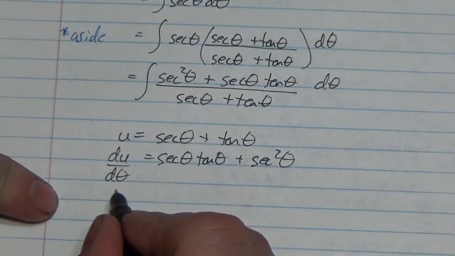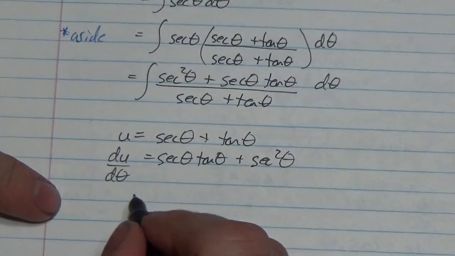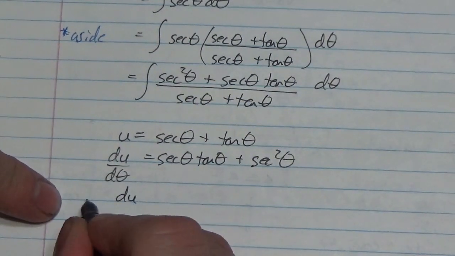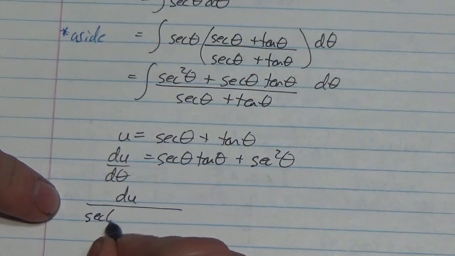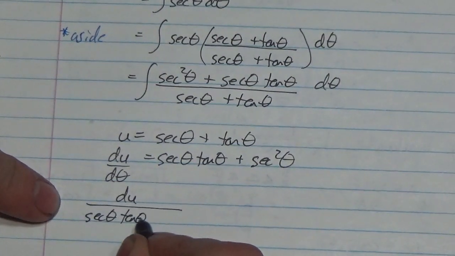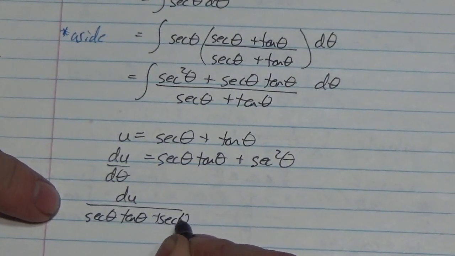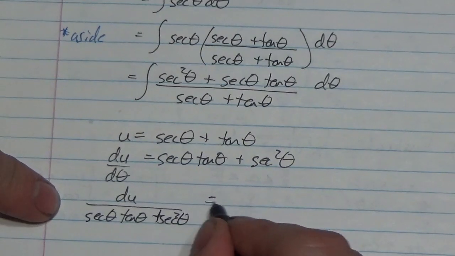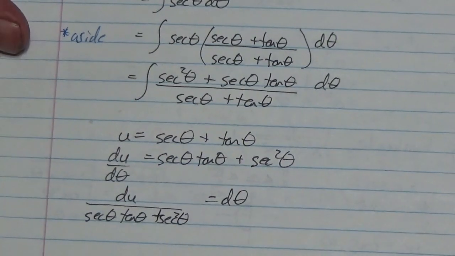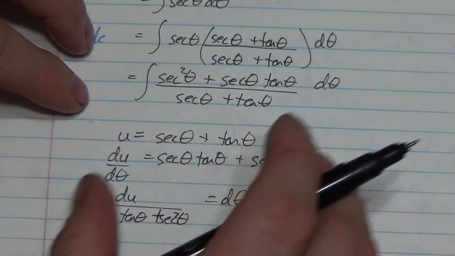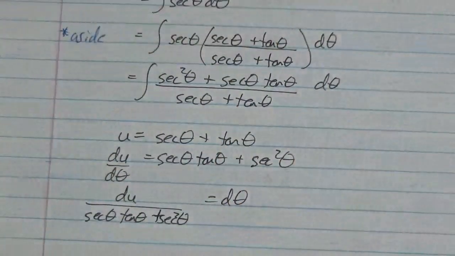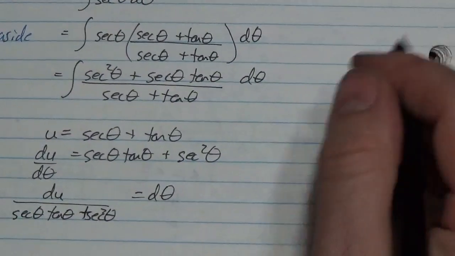So when I make my substitution, I take du over secant theta tan theta plus secant squared theta, and that's going to equal my d theta. Maybe I'll move this over to the side so that you can see this a little bit clearer.